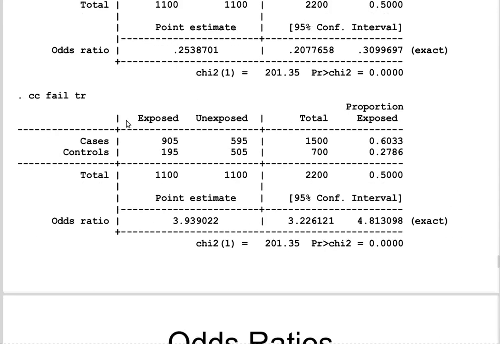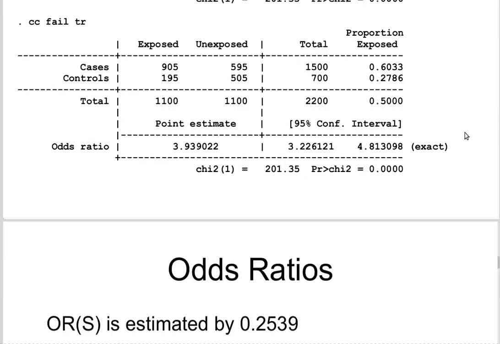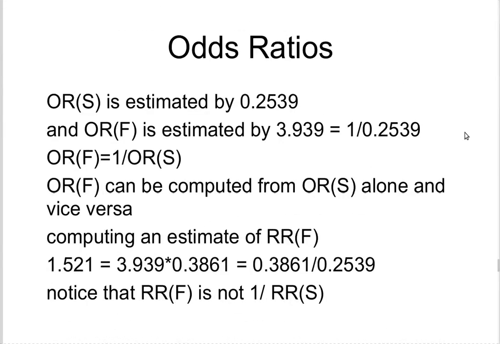The odds ratio in terms of failure is merely the reciprocal, and you can check this. This number is the reciprocal of this number. And these two numbers are reciprocals of one another. Very simple. And there's a simple summary of this information for you.